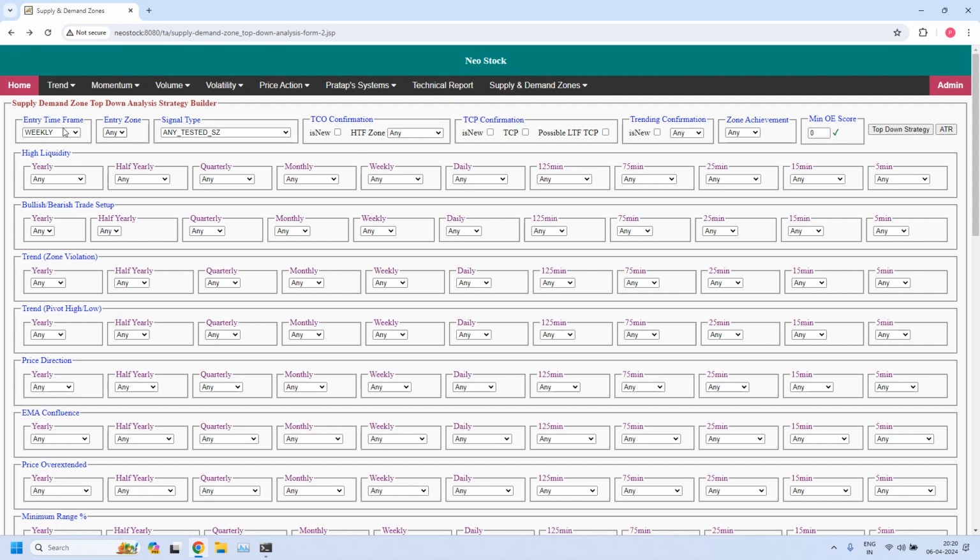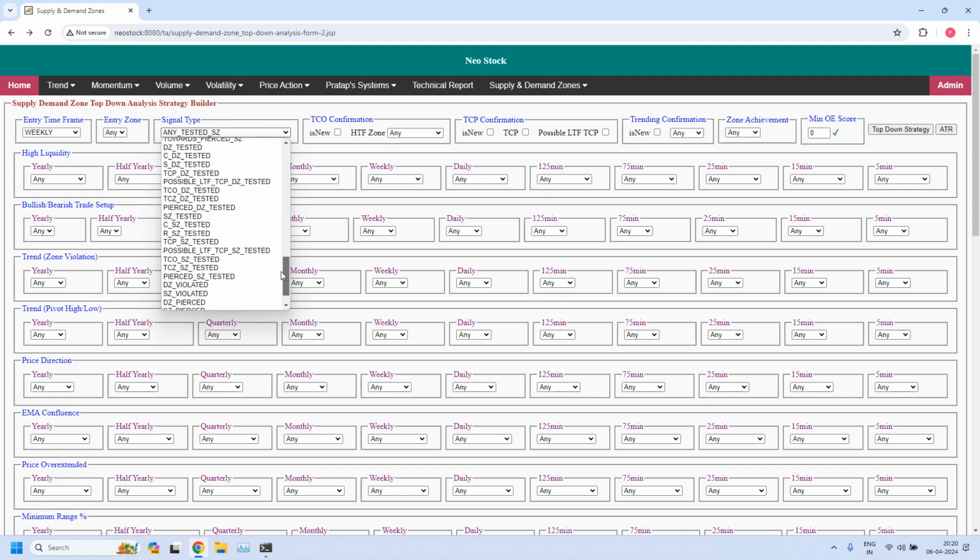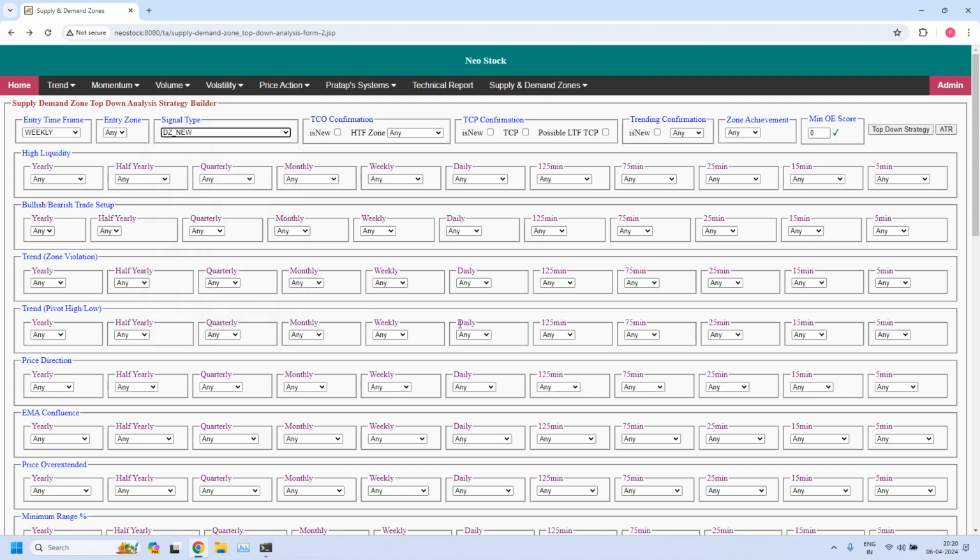So let me go back. For weekly time frame, let us find the stocks having newly created weekly demand zones.